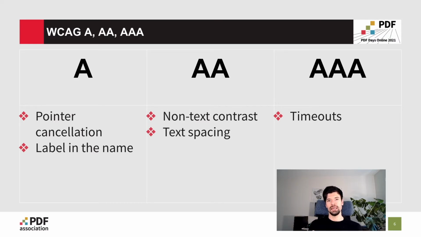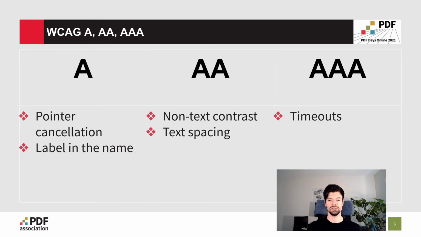Instead, it would be on the mouse up that it would apply the checkbox. So if I clicked on mouse down, moved my mouse away, and released mouse up somewhere else, it didn't click the checkbox. So we want to make sure that we have the pointer cancellation.